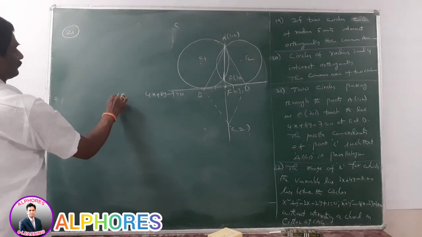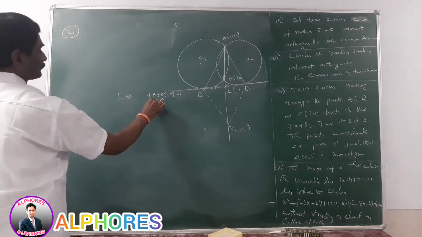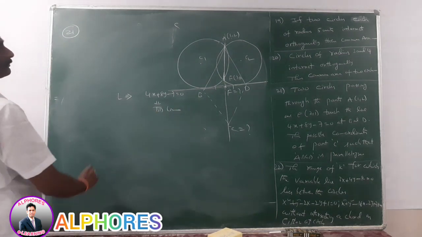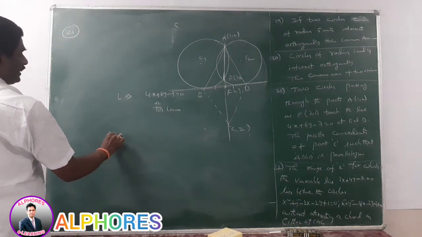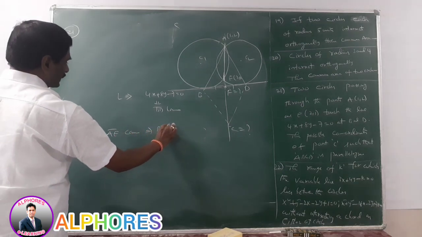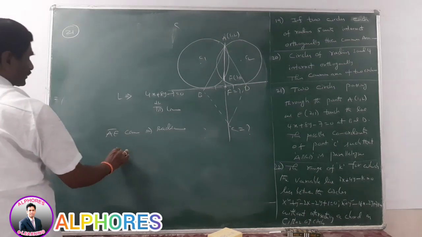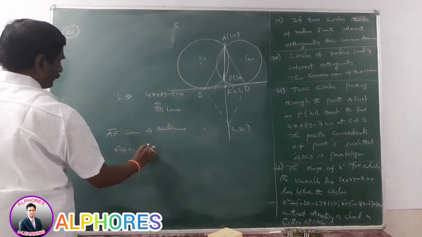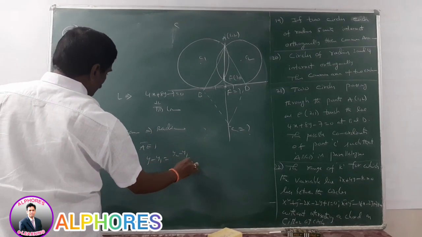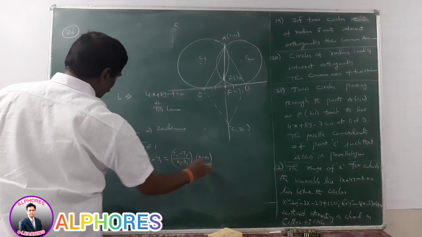Equation of the tangent, that is BD. BD line equation. AE is the common chord and it is nothing but the radical axis. Equation of AE: y minus y1 is equal to (y2 minus y1) by (x2 minus x1) into (x minus x1).